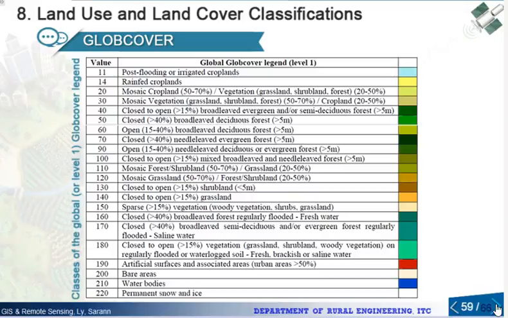So we have a lot of types, from post-flooding or irrigated cropland, rainfed cropland, mosaic cropland, forest, mosaic forest, grassland, vegetation, water body, or permanent snow and ice, that you can see in different colors in the previous image.